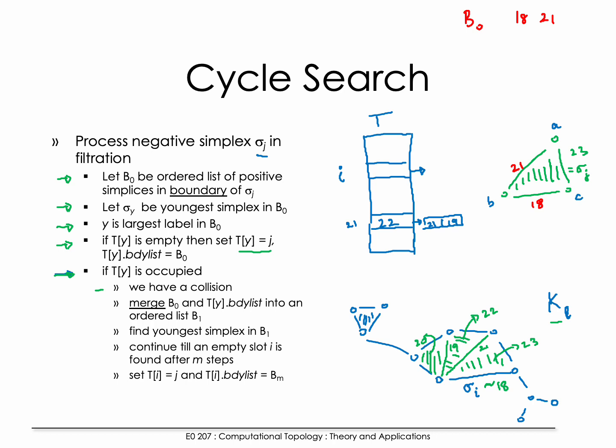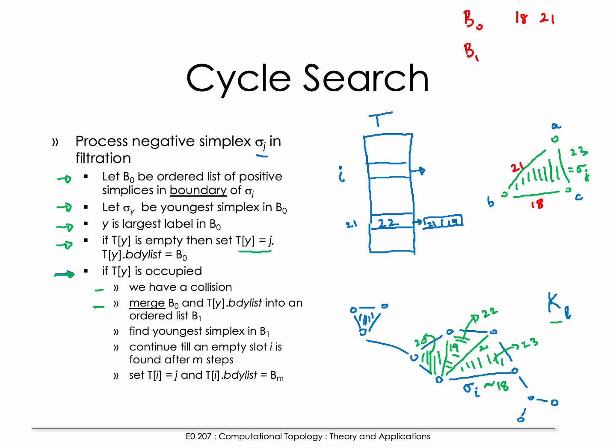We have to expand our cycle to incorporate this collision, and the way we do that is by merging our existing b sub 0 with the boundary list that we have found at y. This gives us our new b sub 1, and the way we merge is just by doing a simple addition, again with coefficients from z2.